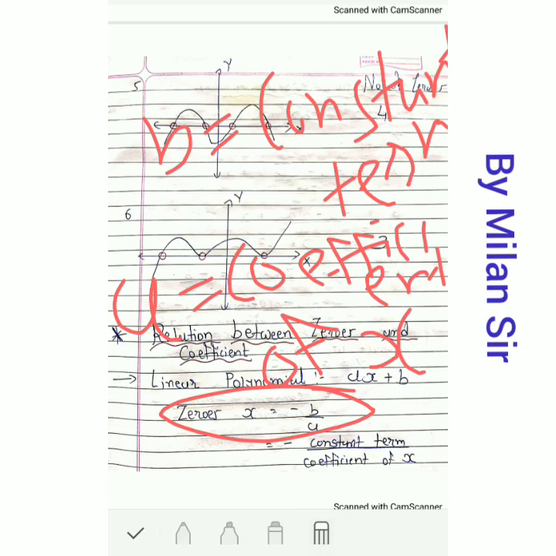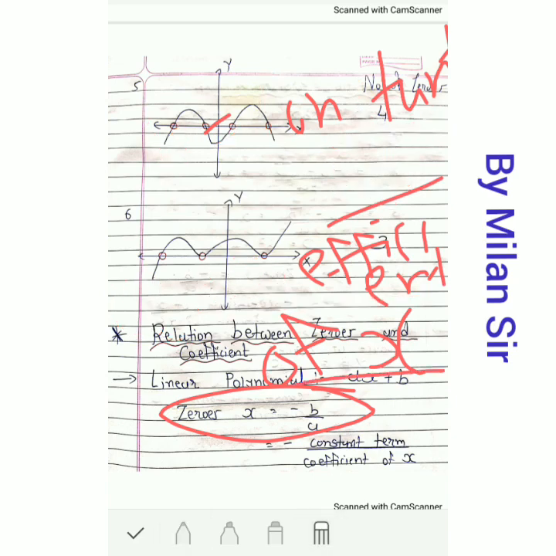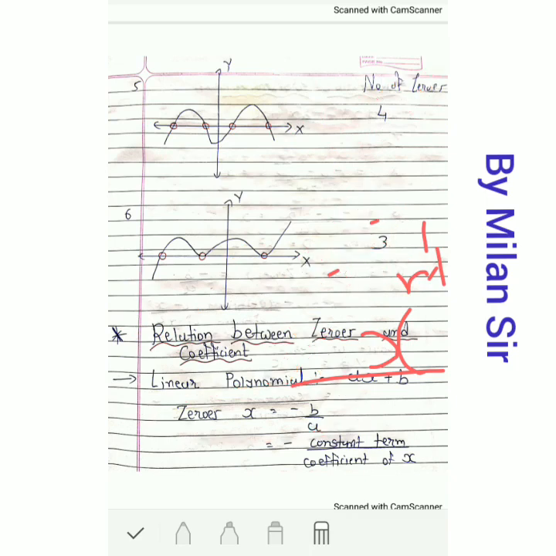I already wrote here, minus b by a is equal to minus the constant term divided by the coefficient of x. In a linear polynomial only one zero is there, so we cannot get the addition of zeros and the multiplication of zeros, right? Because only one zero is there.